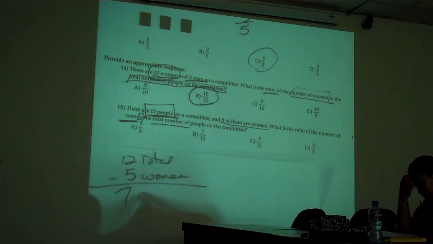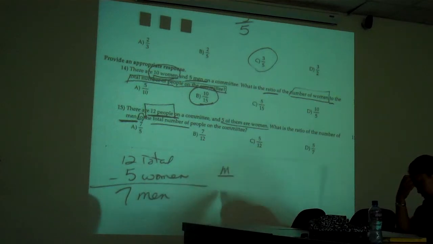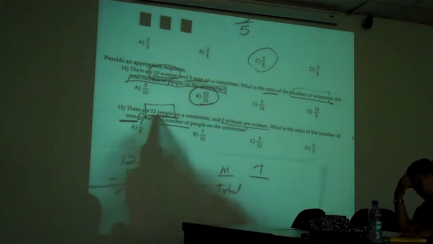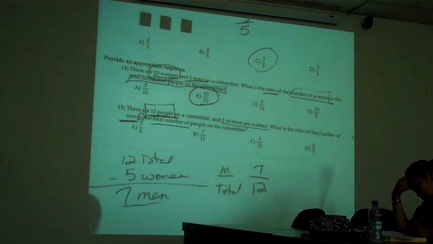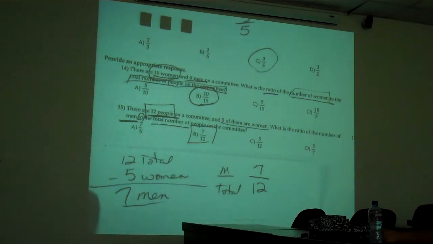So you have 7 men. You need your men to your total. So your 7 is your men. The total was 12. So 7 to 12. You're going to have to read these carefully to see what ratio you have to give.